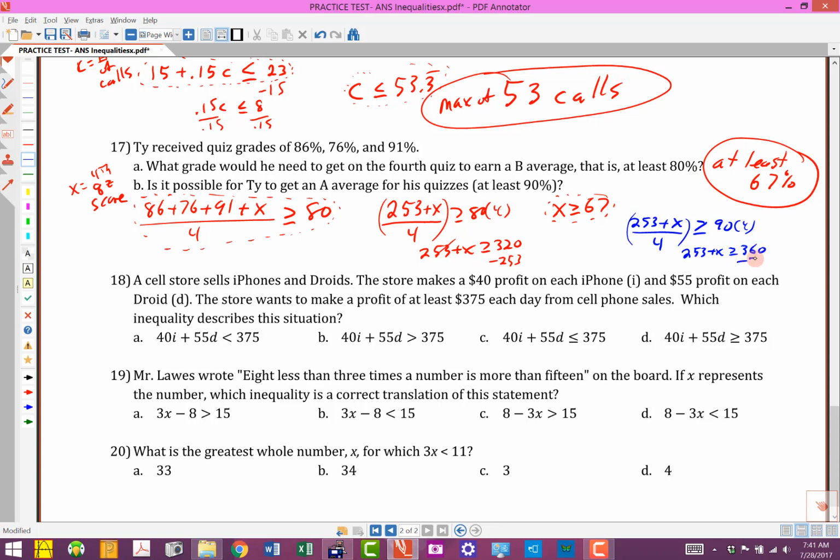And if you subtract 253 from that, you get x is greater than or equal to 107. Yeah, 107. So, is it possible?